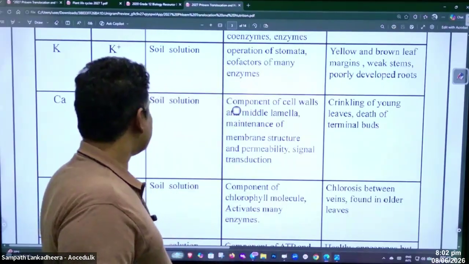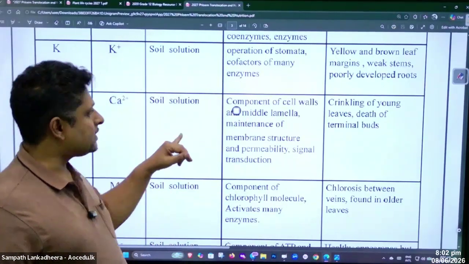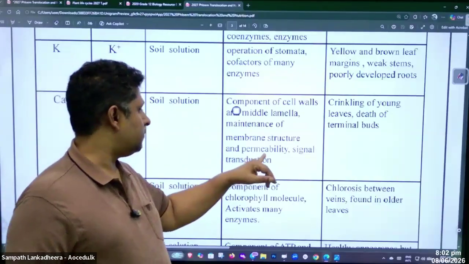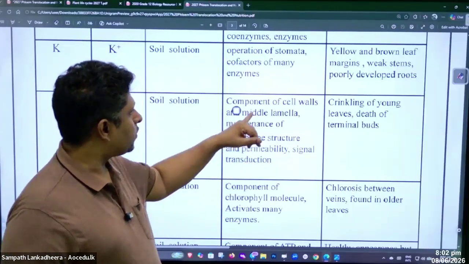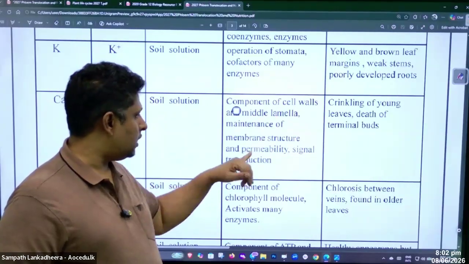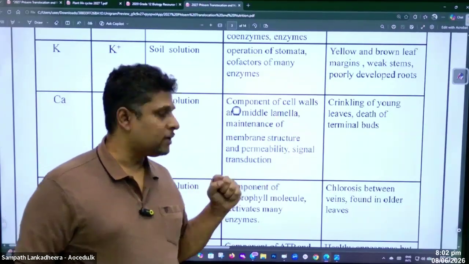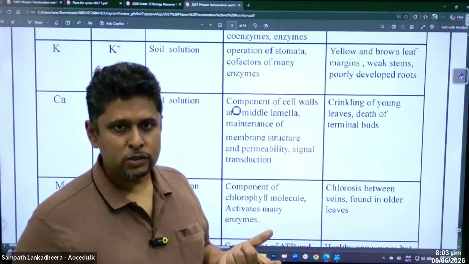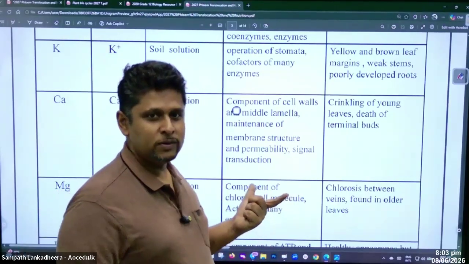So for calcium, it is important for the cell wall, middle lamella, permeability, and signal transduction too.